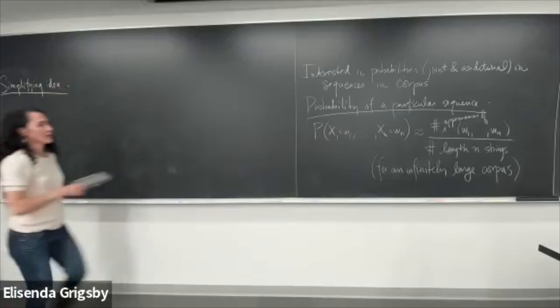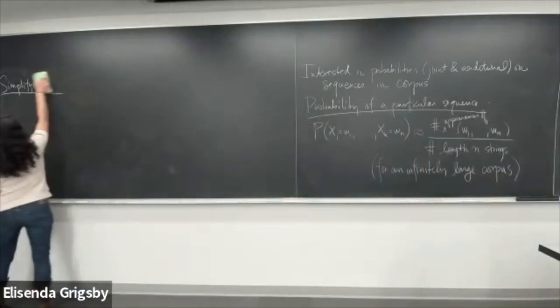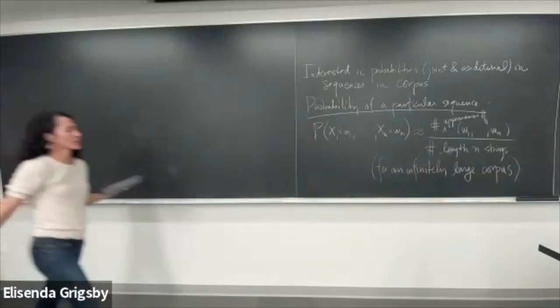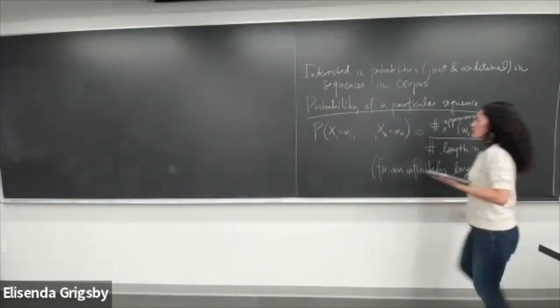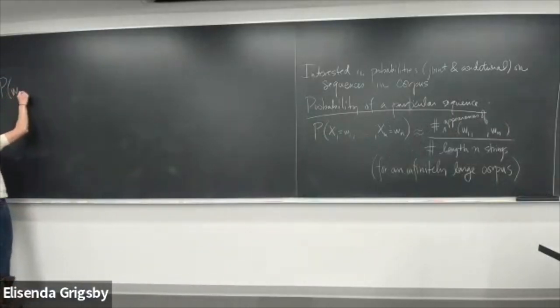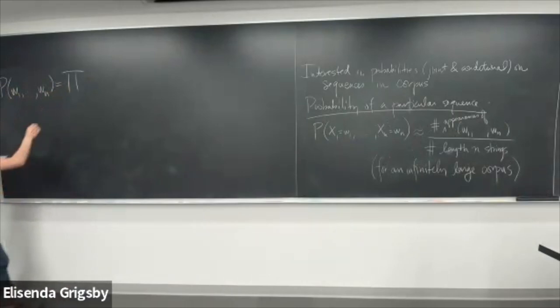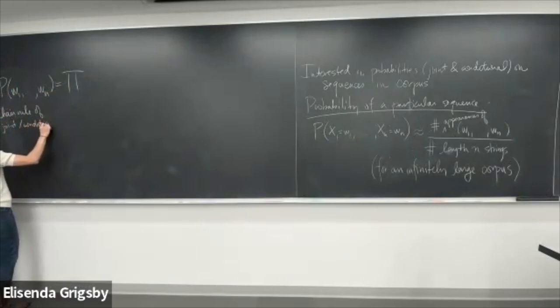Before I say that, maybe I'll say one more thing, which is that if you wanted to actually compute this joint distribution, you could think of this as a chain rule on joint and conditional distributions.